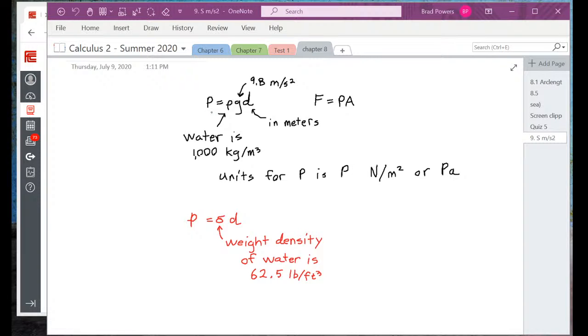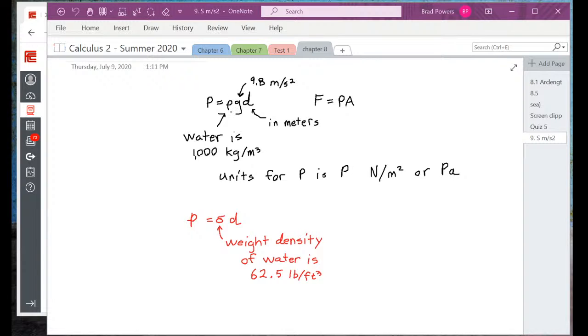And what pressure is, it's the force per square meter put upon something. So force per square meter. That's what pressure is.